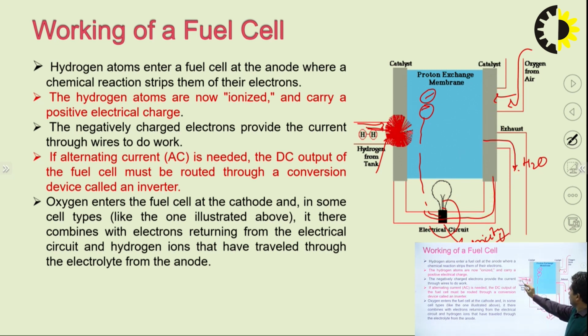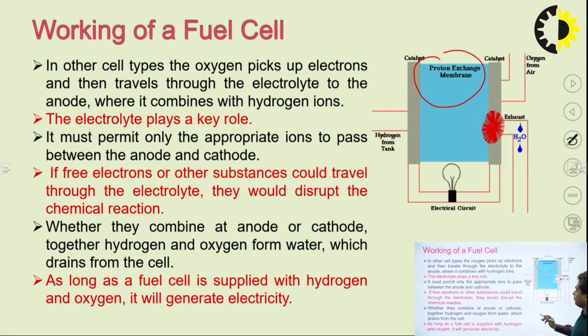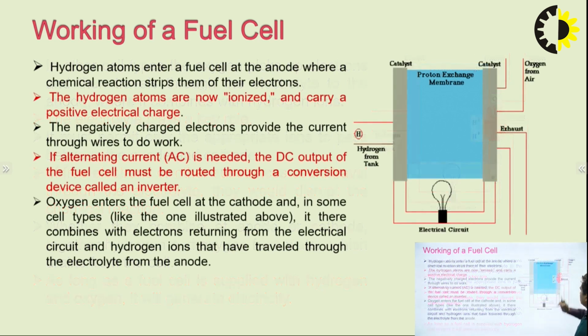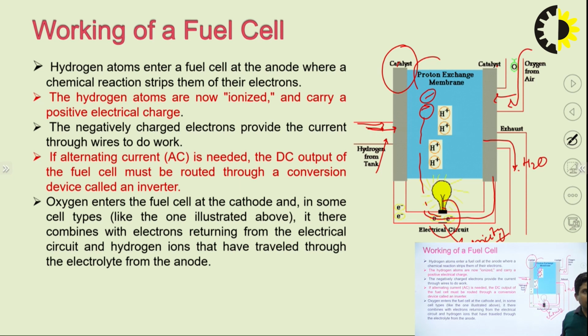Here we have a catalyst provided at the cathode and the anode, and we use a proton exchange membrane. Hydrogen atoms enter the fuel cell at the anode, where a chemical reaction strips them and they are ionized, carrying a positive electrical charge, and the negatively charged electrons provide the current through wires to do work.